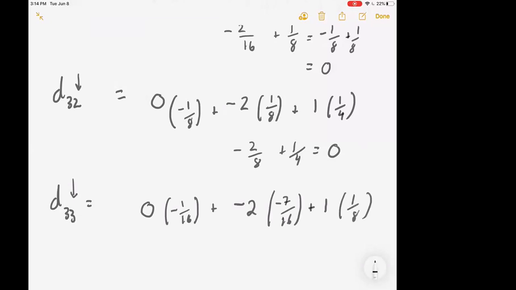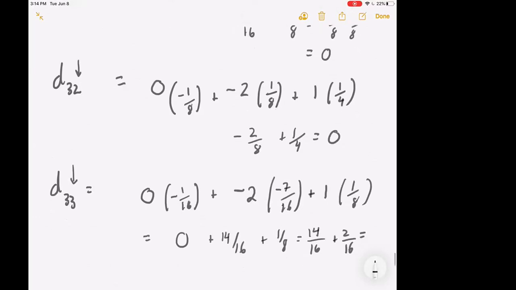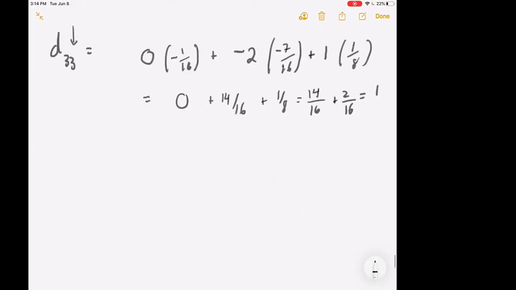So this is going to give me 0. It's going to give me plus 14 over 16. It's going to give me 1 over 8. And that's 14 over 16 plus 2 over 16. And that is 1.